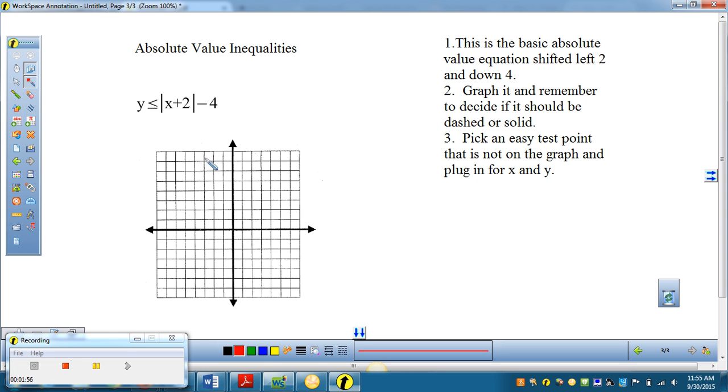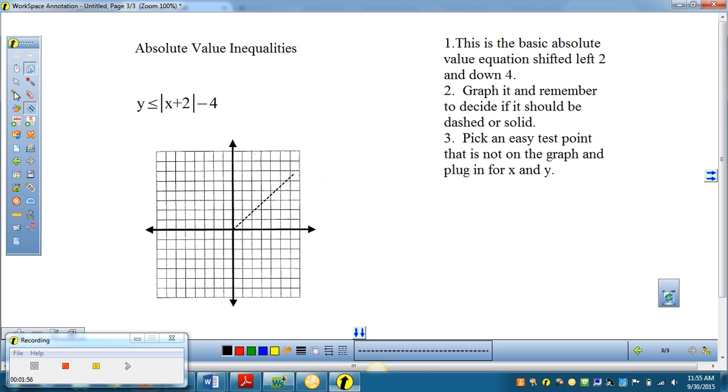All right, the second type of inequality we'll work with is an absolute value inequality. In our previous section, we talked about how to shift absolute value functions. So this is an absolute value function that is shifted left 2 and down 4. So the regular absolute value function looks like this.